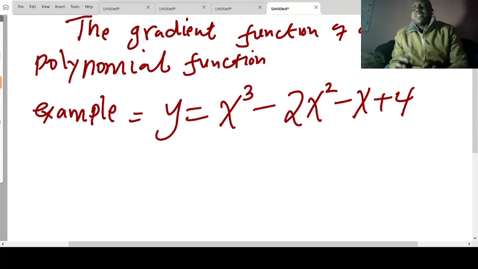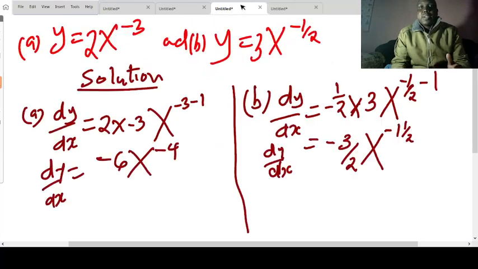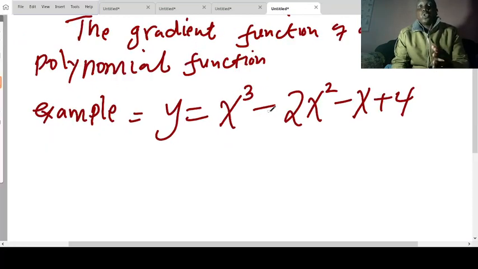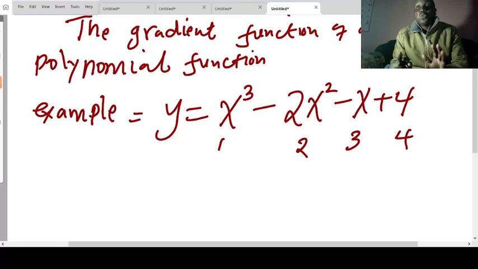How do we differentiate a polynomial which has got more than one term? What we were doing before has only one term. Now we have a polynomial with more than 2 terms. This is the first term, second term, third term, and this is the fourth term. So this function has got 4 terms.